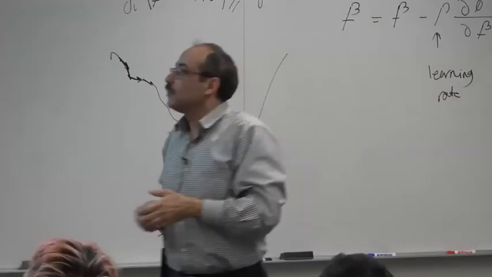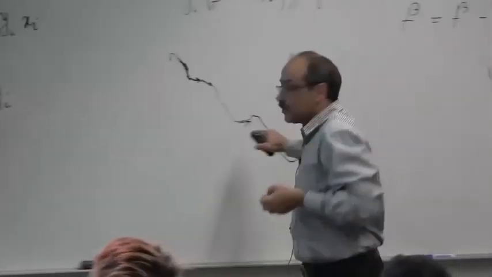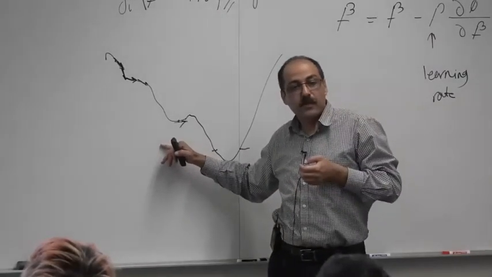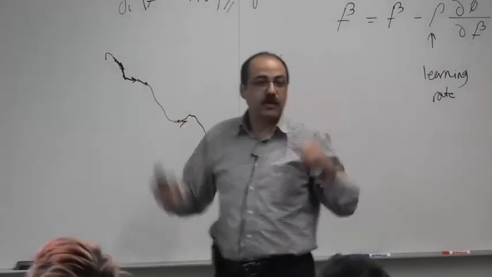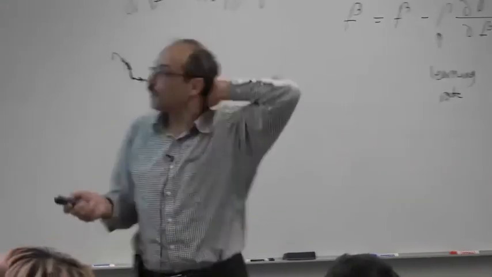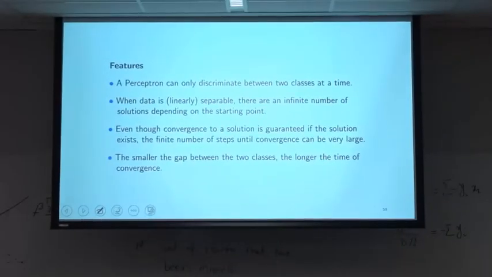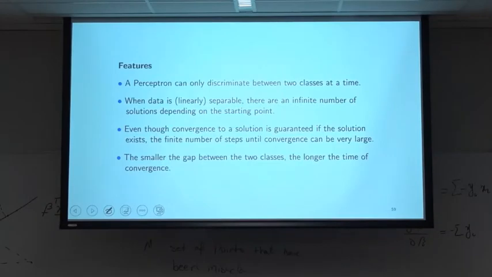The solution is not unique because it's not convex. It's going to get to a minimum, so it depends on the initial value, and you're going to get stuck somewhere. A perceptron can only discriminate between two classes. That's trivial now, but it was not trivial, as I told you. For many years, people thought that they had solved AI with perceptron, and then they realized that no, it's just a linear discriminant function.